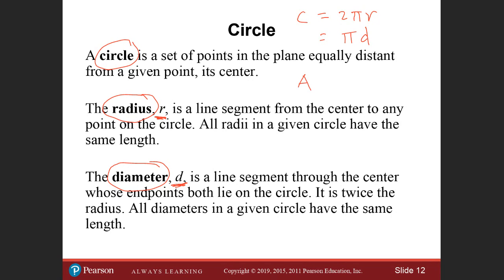When you're working with the area of a circle, that should be pi r squared. That's the area of a circle, if you're asked what's inside. So the circumference is the measurement around the circle, and the area is the inside. So this is the area here.